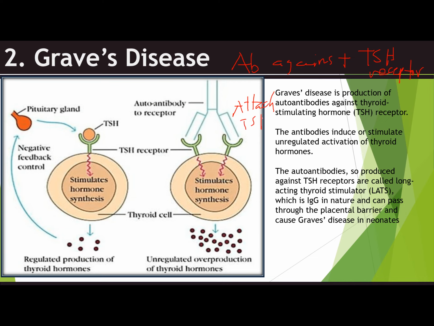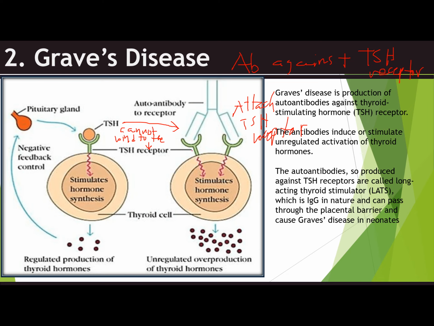to the TSH receptor. Kaya ang mangyayari kapag si TSH na produce, TSH cannot bind to the TSH receptor. Bakit? Because the antibodies are blocking or is already attached to the TSH receptor.